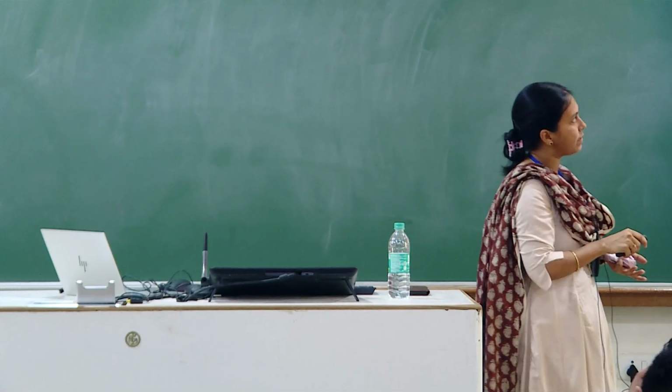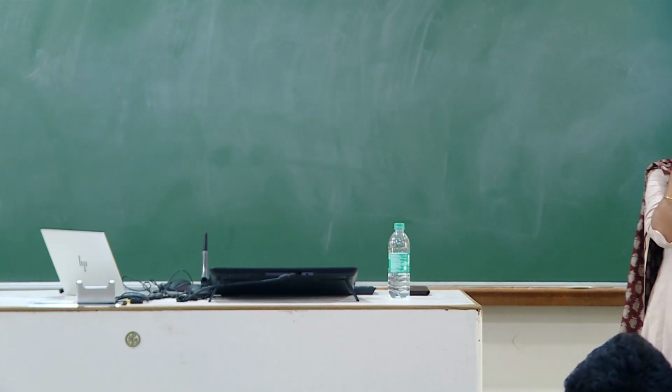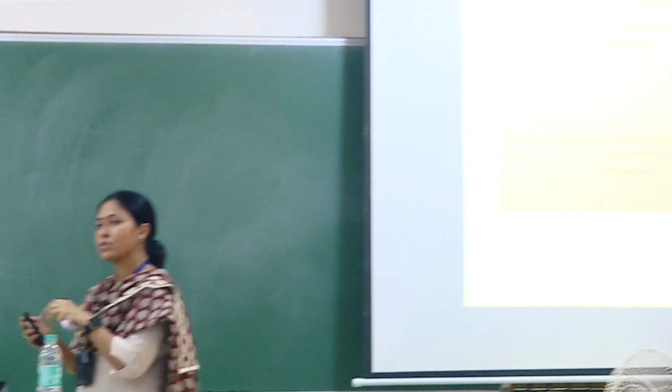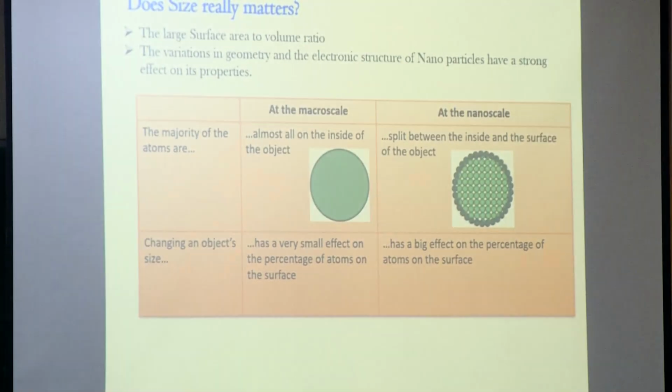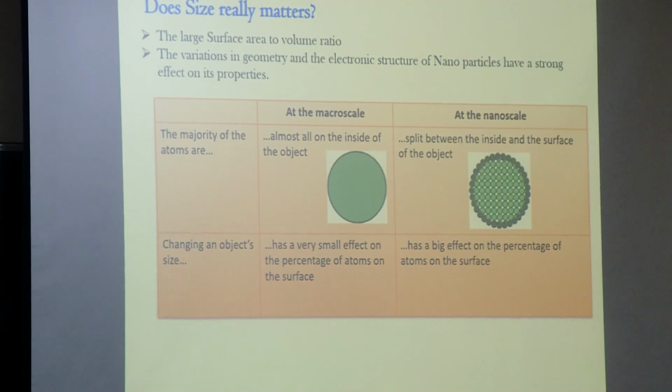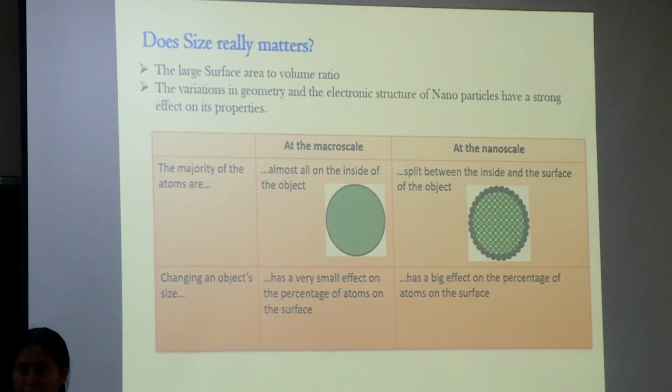Whereas when you go to nanoscale, since we saw in the previous slide that the surface area to volume ratio is very high, that means the amount of surface atoms or dangling bonds is much higher in nanomaterials compared to the bulk material.